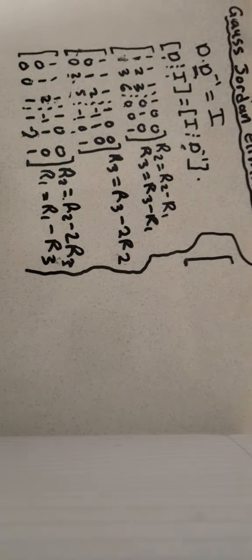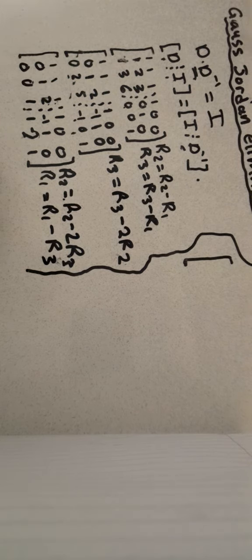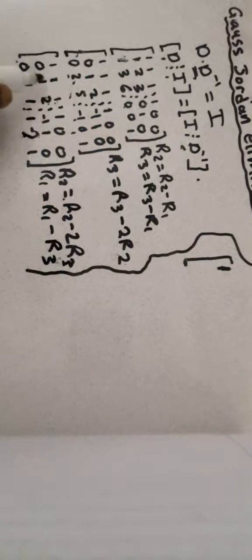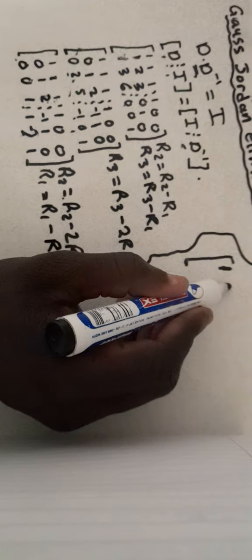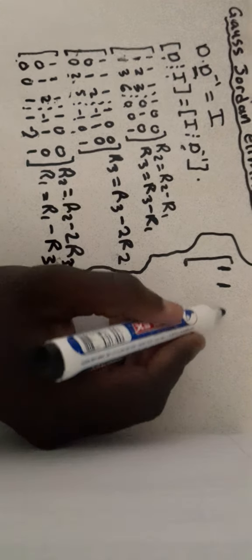This will become, let's start with this one. This is just 1 minus 0, which is 1. 1 minus 0, which is 1. 1 minus 1, which is 0.